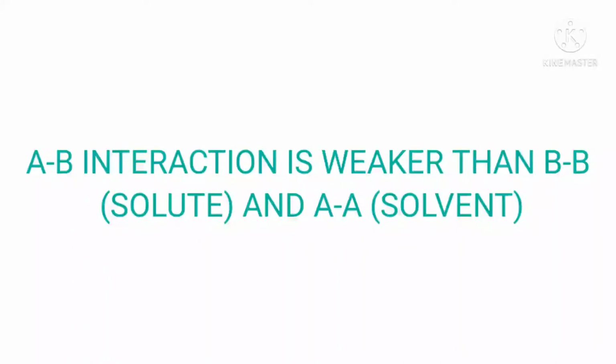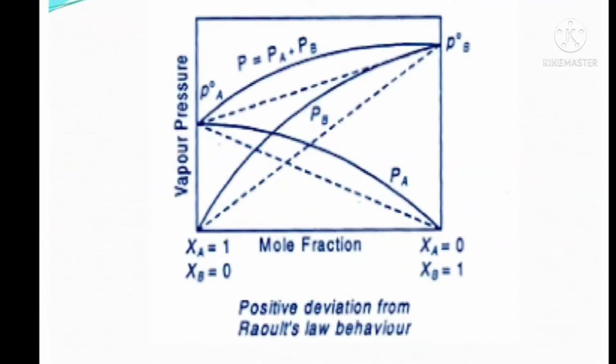In this case, the attractive forces between solvent and solute molecules, that is AB interactions, are weaker than those between solute molecules, that is BB, or solvent molecules, AA. The vapor pressure liquid composition curve for a system showing positive deviation is shown in this picture, and the dotted lines represent those for an ideal solution.